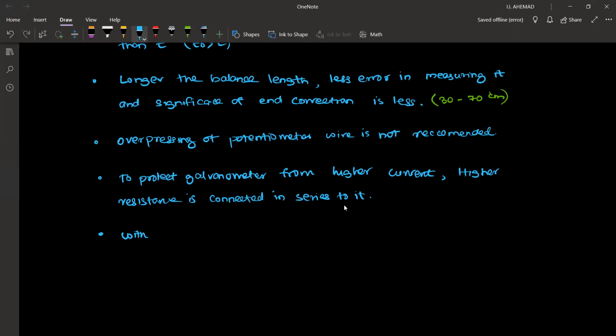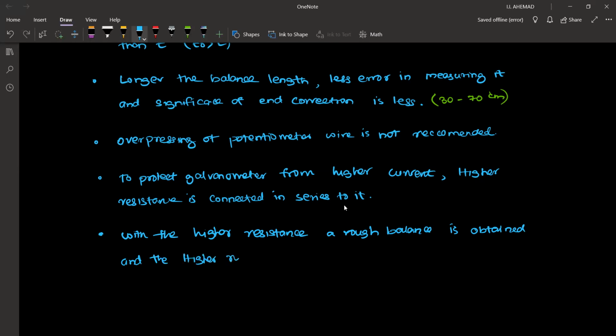With the higher resistance, an approximate or a rough balance is obtained, and then the higher resistance is short circuited to obtain an accurate balance.